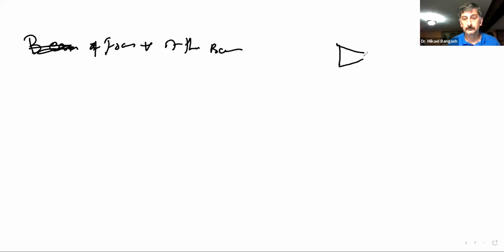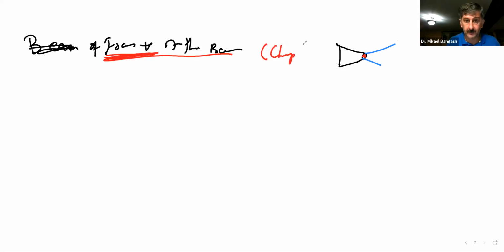Because that is the point at which the beam gets to its narrowest. And that's going to be repeated again in chapter 12.